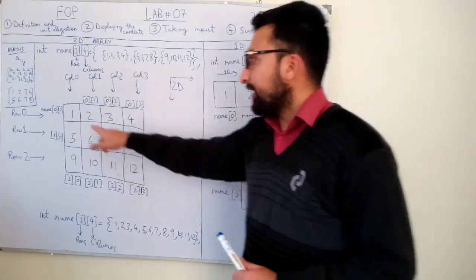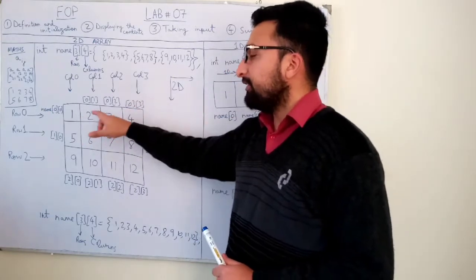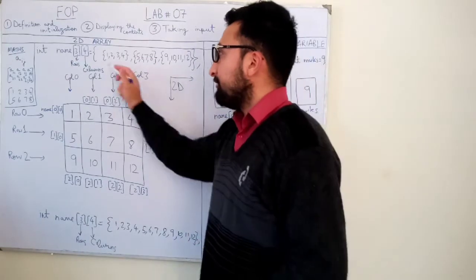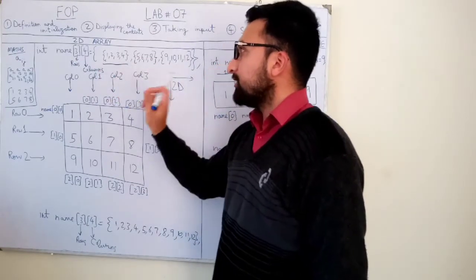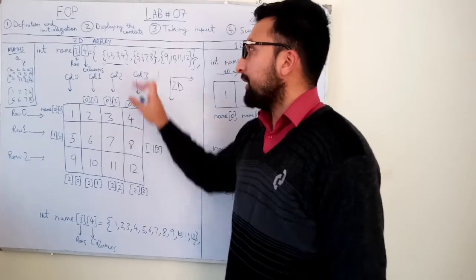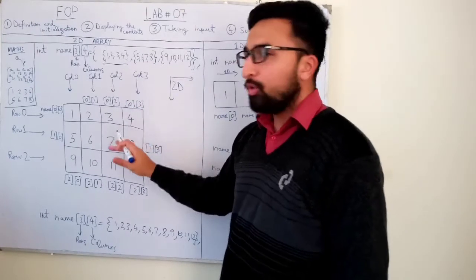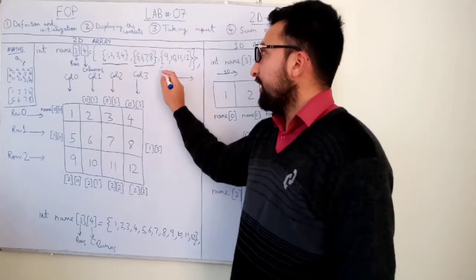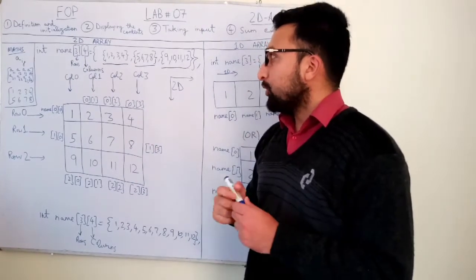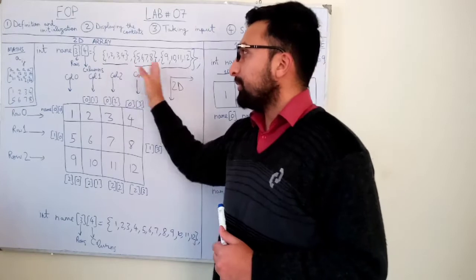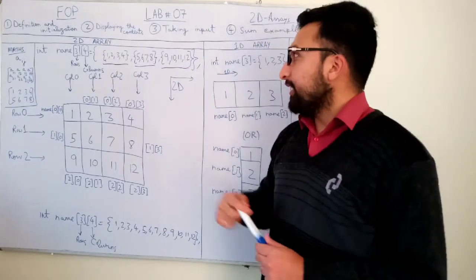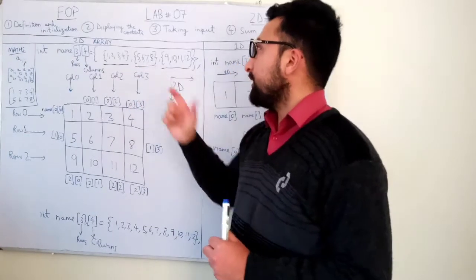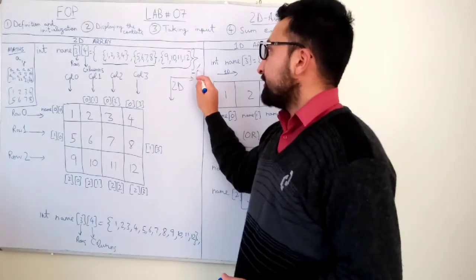For the first row, whatever elements we want to initialize, we made one set out of those elements and placed them in curly brackets. Then the second row elements had their own set, and the third row elements had their own set. All these were separated from each other with commas. Then we had the closing bracket that incorporates all these sets and ended with a semicolon.